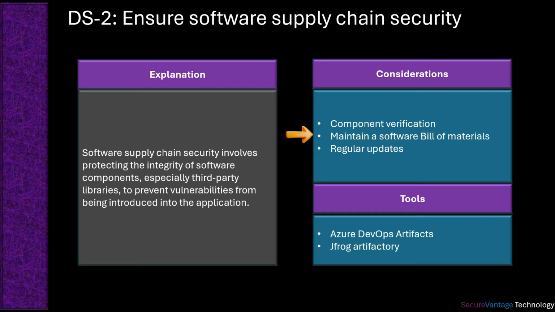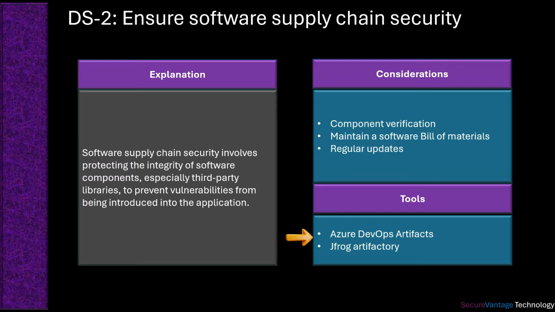You ensure that component verification is performed and all components or libraries are from trusted sources. You ensure that a bill of materials is maintained to track all dependencies and versions to quickly address any vulnerabilities. You also ensure that there are processes to update components or libraries regularly with the latest security patches.